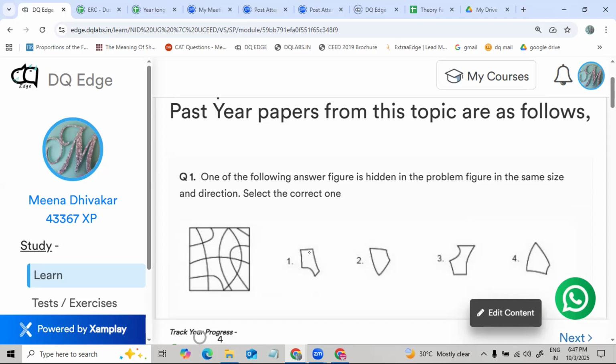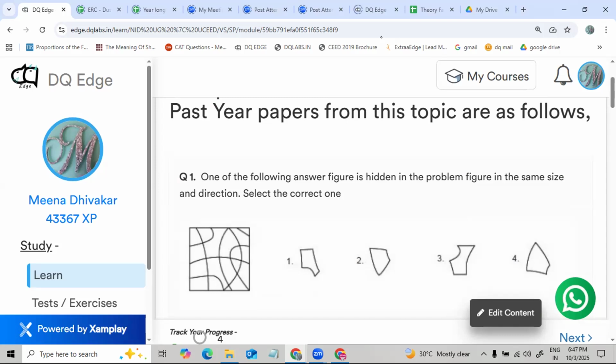Now coming to this point, go for the same direction and the same shape. Which one is hidden, and how do you say this is hidden? Option 3. Why not option 1?